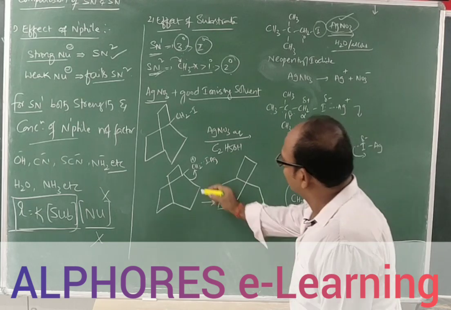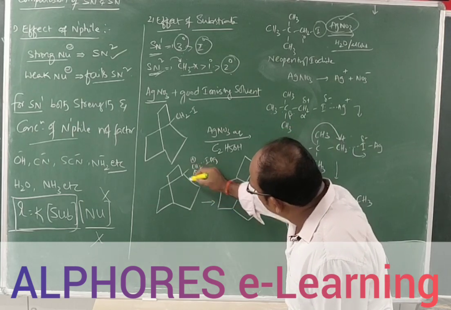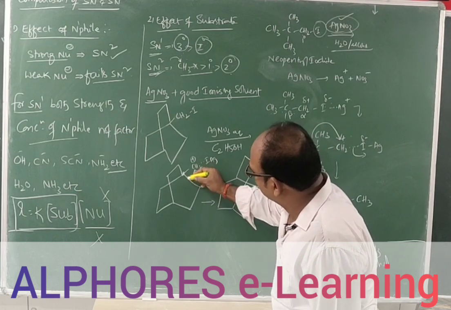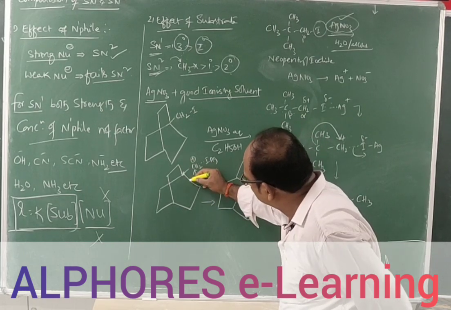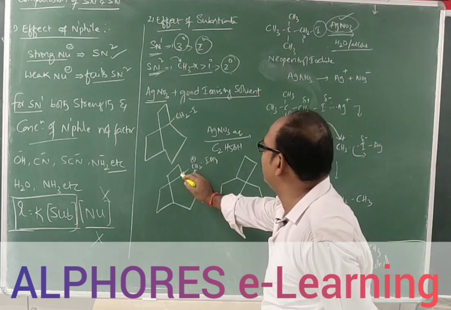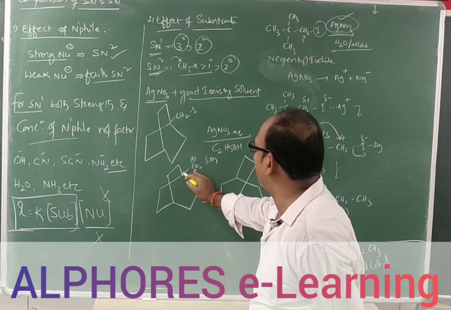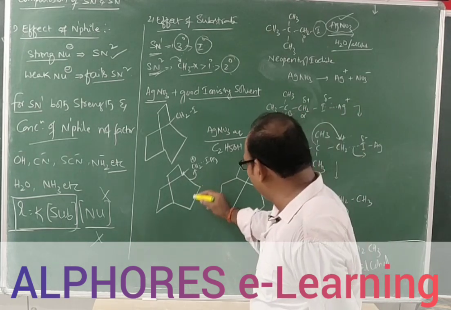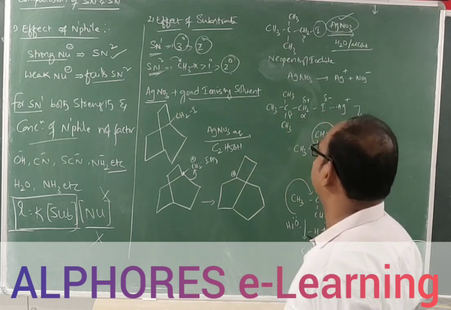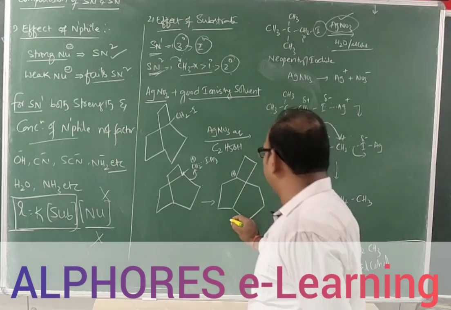Like this. Because of this bond, between this bridgehead and this carbon, the bond that was earlier there has now shifted towards this carbon. As a result, this carbon acquires positive charge.